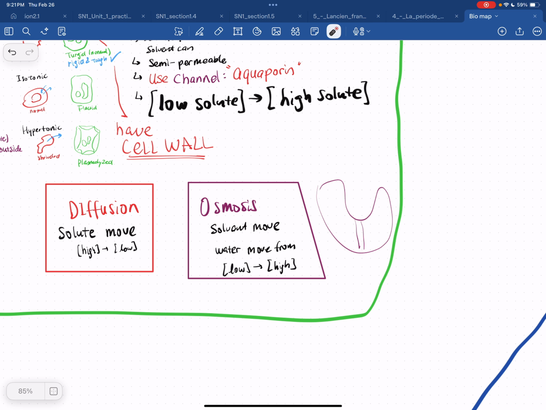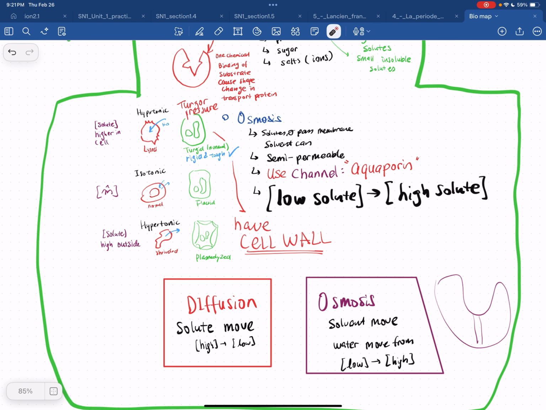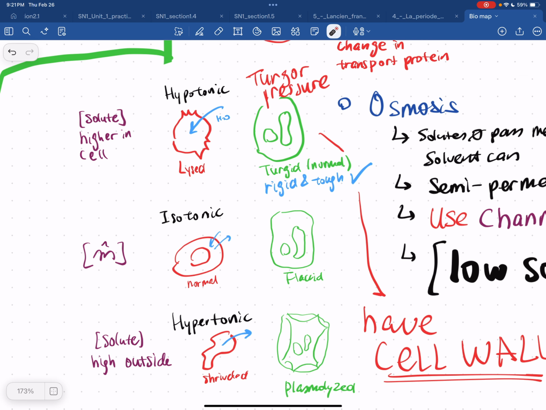And yeah, osmotic pressure, etc. This one we need to memorize. Hypotonic is when the inside is too dilute compared to the outside. Actually, it was the opposite. Yeah, so hypotonic is when the outside solute is lower, so solute is higher inside the cell.